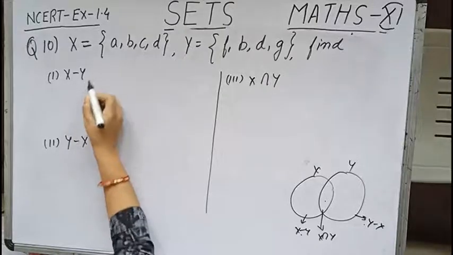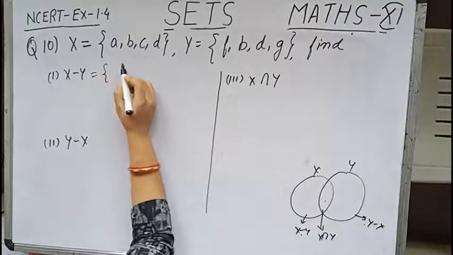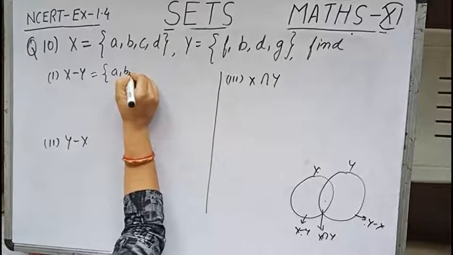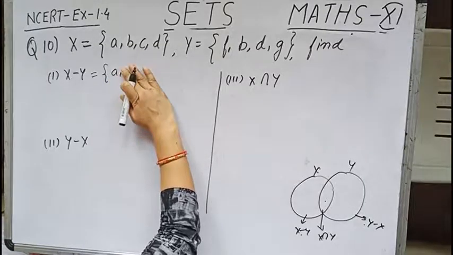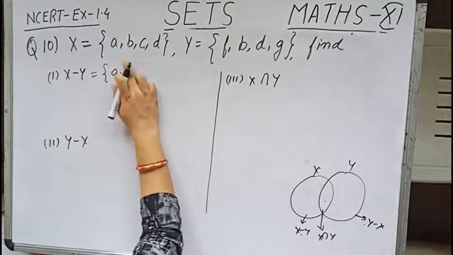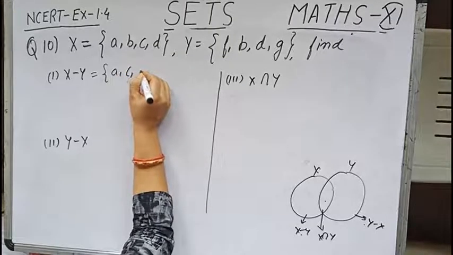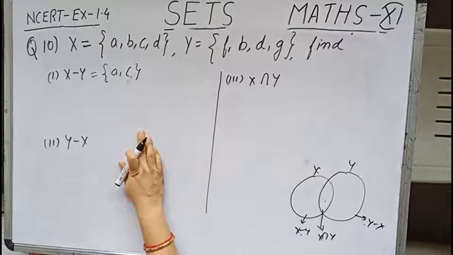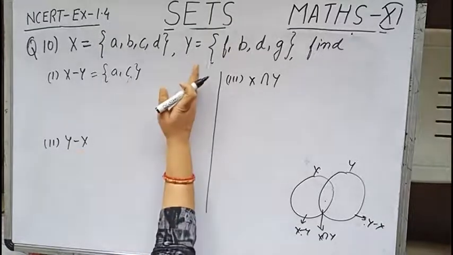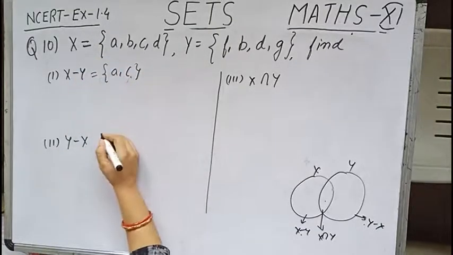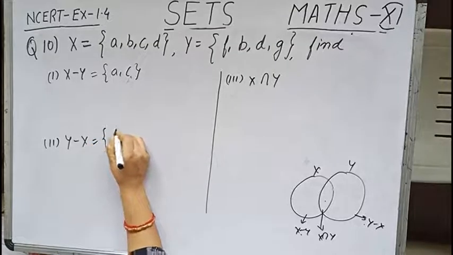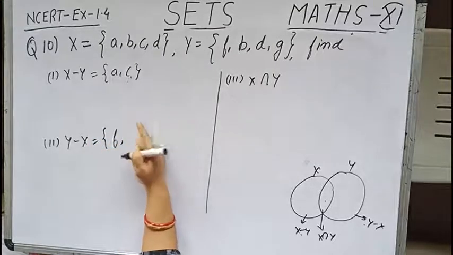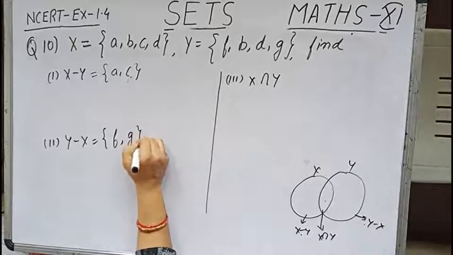Now x minus y will obviously be a, b, sorry, b is over there in y, so a and c, only a c, because d is there in the set y. Now y minus x, that is we have to subtract the elements of x from y, will be equals to f, b is there, d is there, g.